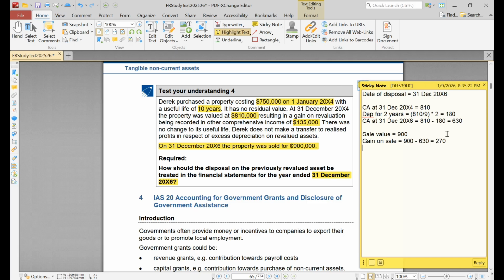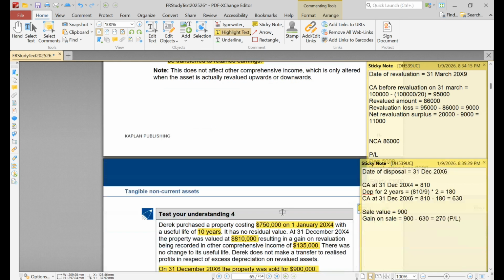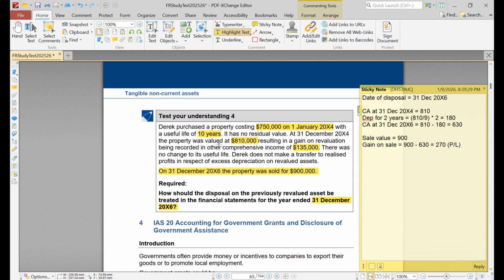Now this gain would be recorded in profit and loss as income on the income side. So this was the first condition, that the gain should be recorded in profit and loss, and the second is that any balance on revaluation surplus should now be transferred to retained earnings. So if the balance on revaluation surplus was 810, now 810 would be transferred to retained earnings.